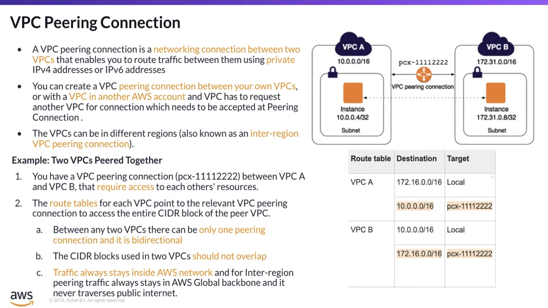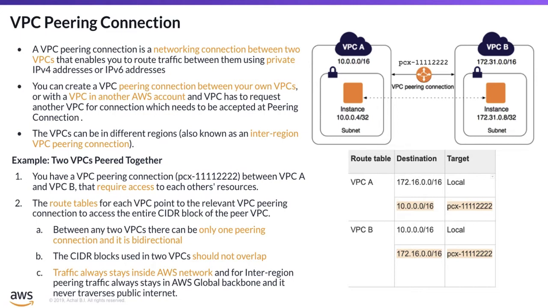There are two things that have to be done to establish a connection between VPC A and VPC B. First thing is requesting between the two resources, and the next thing is we need to add a route table entry in both VPC A and VPC B. These capture the destination target information of the peering connection.